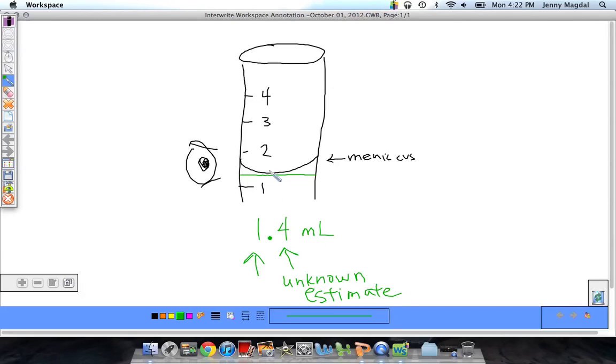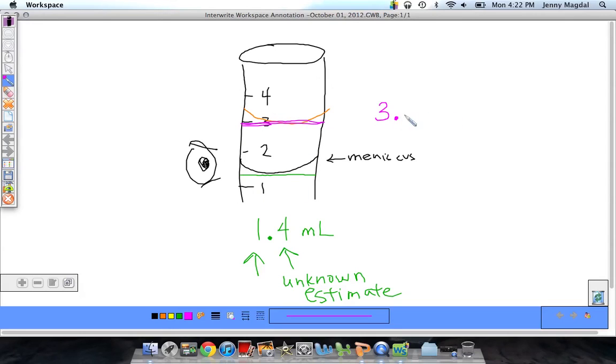Now if my meniscus, let's draw a new one, make this one green, goes down like that, and I look at my meniscus, and to me, it looks like it's on the 3. Well, I can't just write 3 and be done with it, because I know with this measuring instrument, I'm able to have one estimate, another digit, with this graduated cylinder.